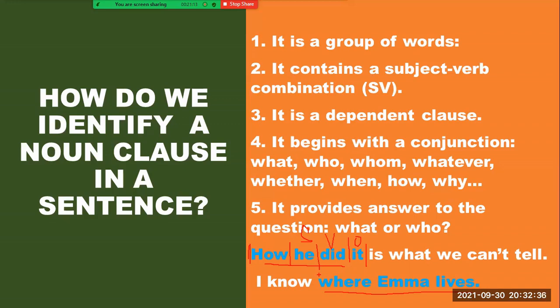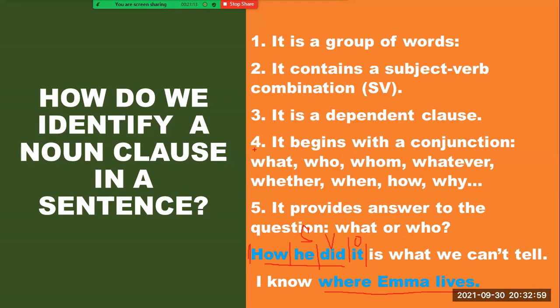All right, what exactly are you saying about where Emma lives? Because it doesn't make complete meaning. It doesn't give complete idea of what you are really talking about. Okay, so that is the third thing we need to know about a noun clause.